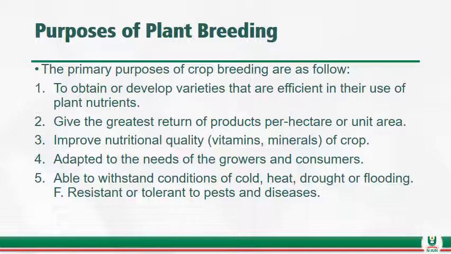So you can plant them in different places and they will still get bumper harvest. You also have resistance or tolerance to pests and diseases. So what the plant breeder does is that they get this variety at the end of the day that is usually resistant and tolerant to plant diseases. So these are the properties of plant breeding.